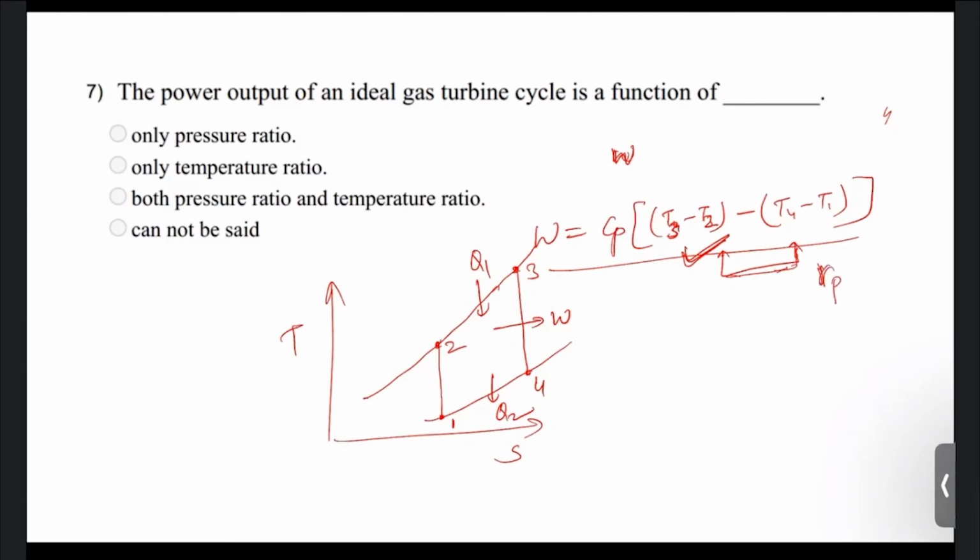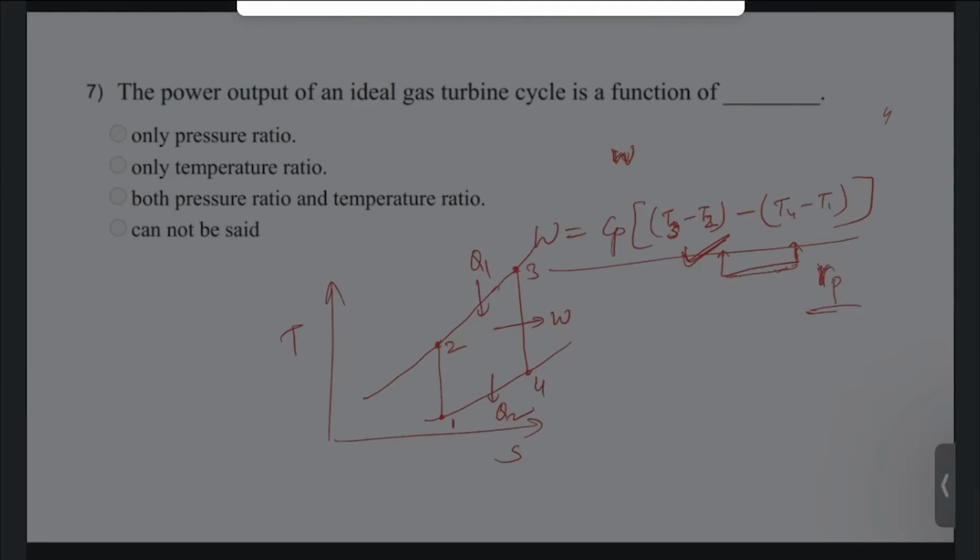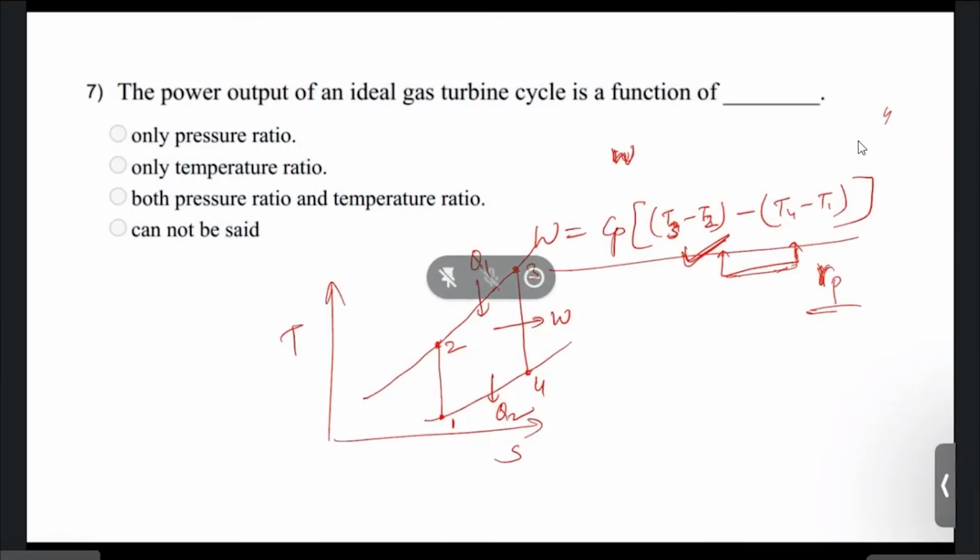Okay, so pressure ratio is also not independent, it is also a dependent parameter here. So basically the work output or power output depends on temperature as well as pressure ratio, because both are not independent of each other.